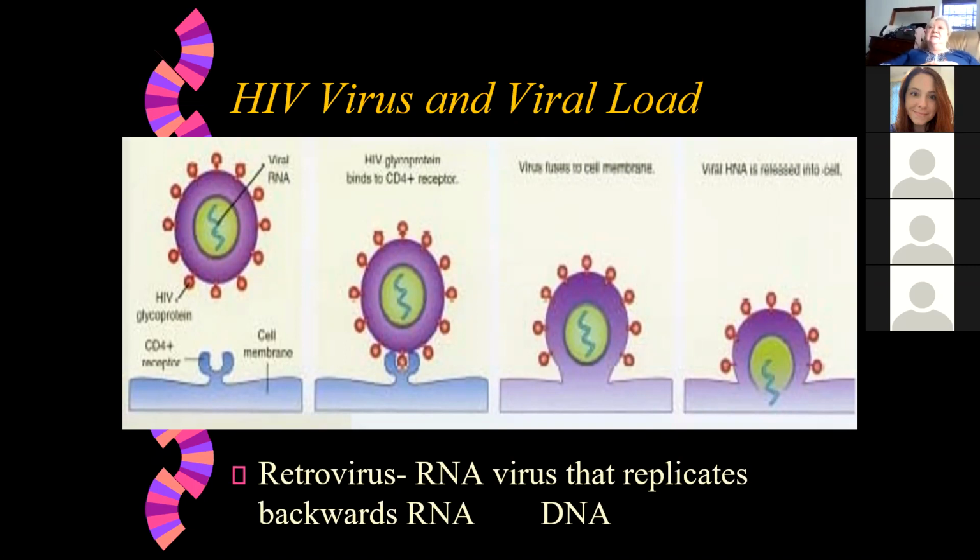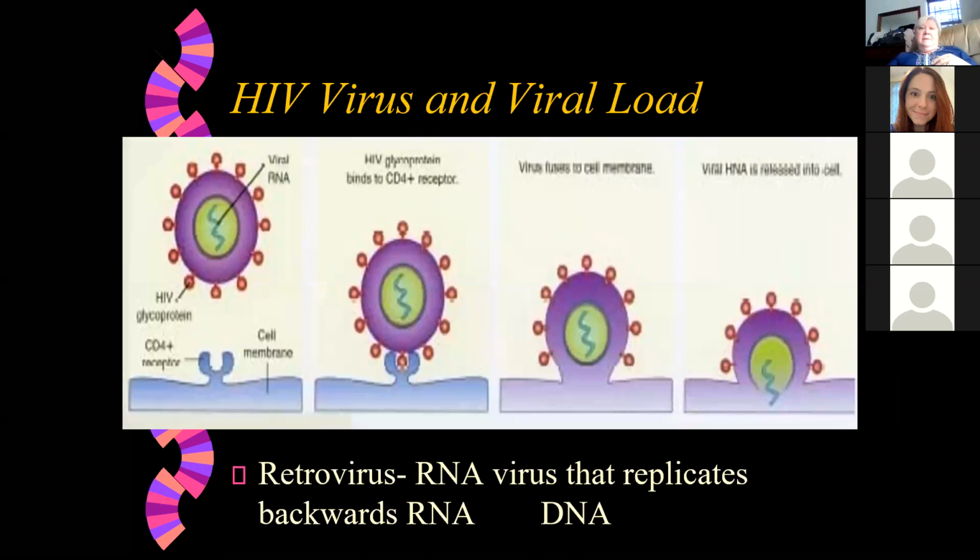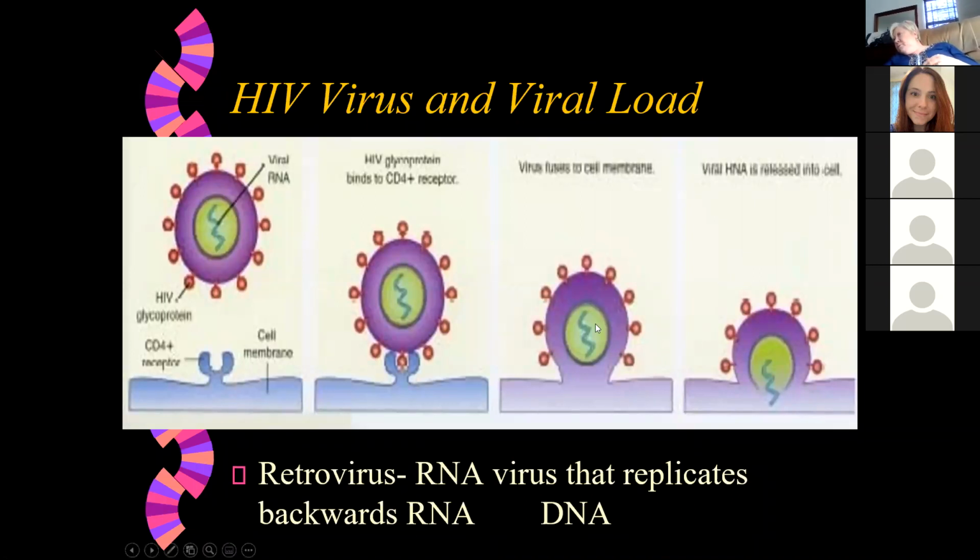And it has these little knobs on it. And if y'all remember, when COVID first started, COVID has little knobs on it. And that was one of the reasons why COVID was so virulent, is because of these little knobs. Because at the bottom here, your cell membrane has these little receptors on them.